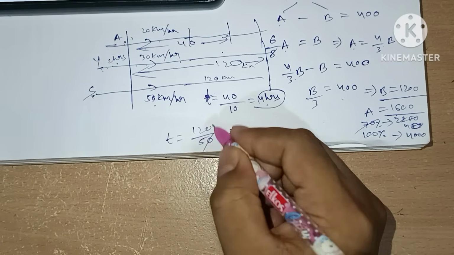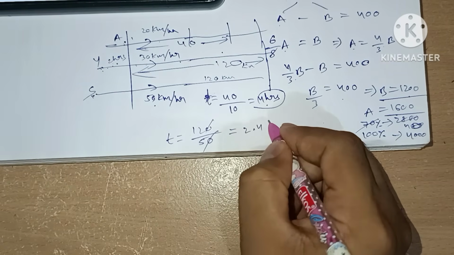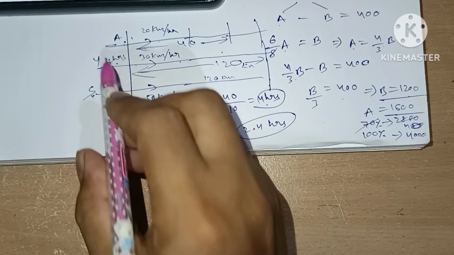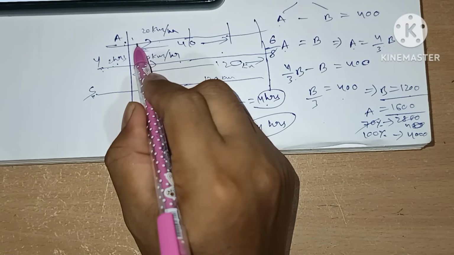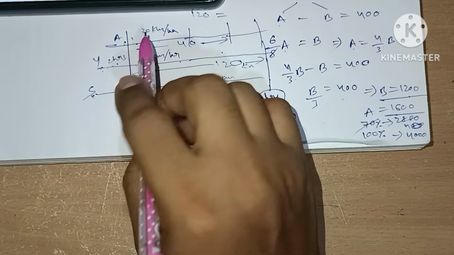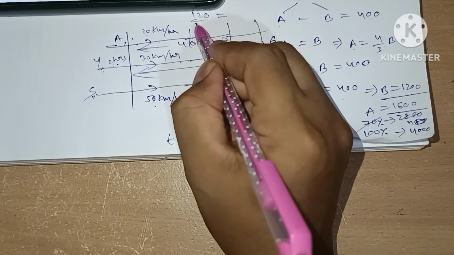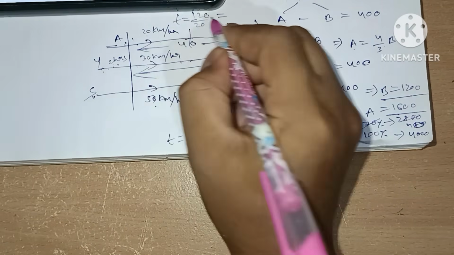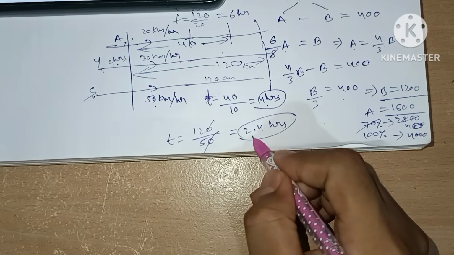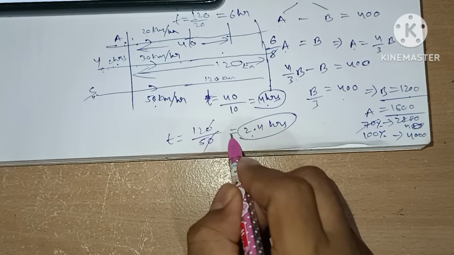We get 2.4 hours. So Sudhir takes 2.4 hours. But Ajay's speed is 20, so he takes 6 hours to complete 120 kilometers, while Sudhir completes it in only 2.4 hours.